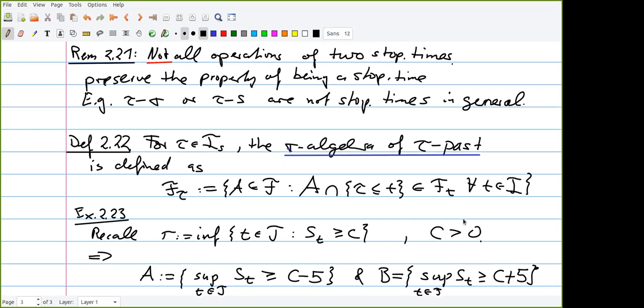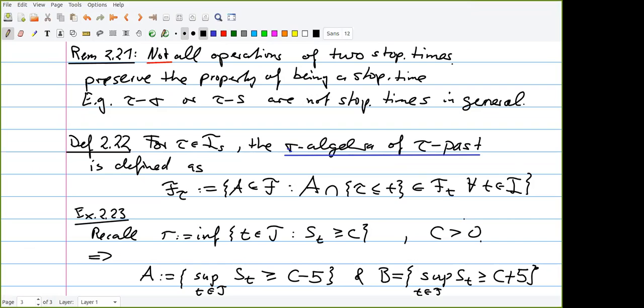There's a question, sorry, which asks if I am going to prove remark 2.21. There's nothing to prove here, I would say, because this is not a general statement. I'm just saying in general, if you think about the difference of two stopping times, you can cook up examples, meaning construct a probability space on which this is not a stopping time.